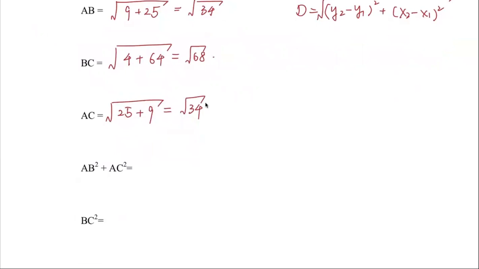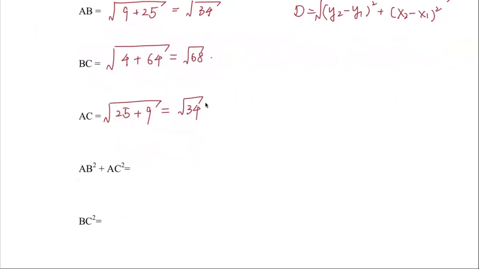Okay, so now we find AB squared plus AC squared. AB squared is equal to the square root of 34 squared. AC squared is equal to the square root of 34 squared. So this is equal to 34 plus 34, which is equal to 68.